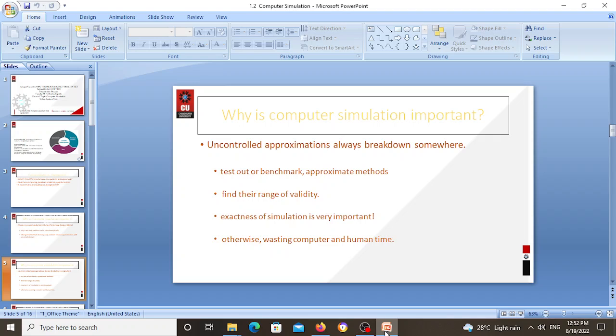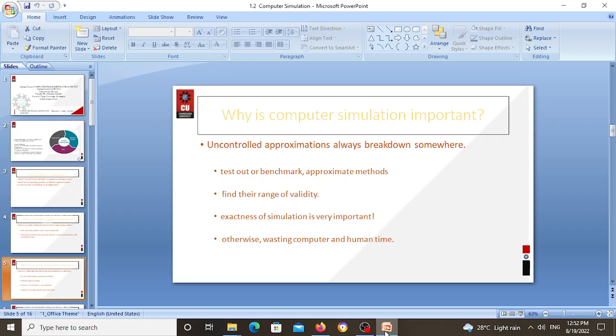Exactness of the simulation is very important. The simulation that we are generating has to be very exact and accurate to the real world problem. The validity of the solution is again very important.